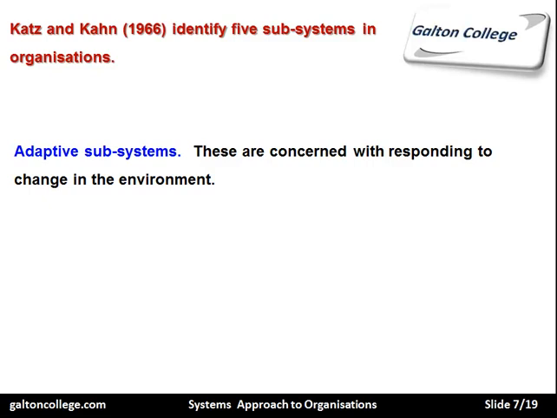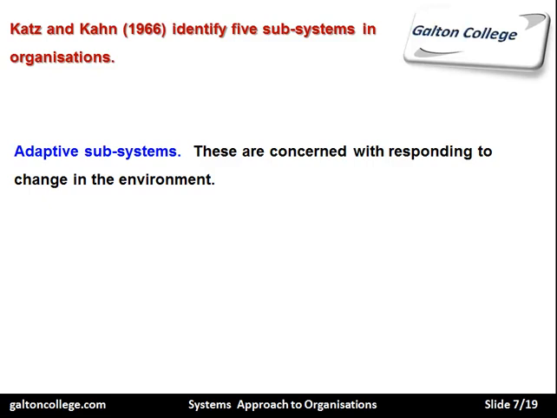It must respond, for example, to legislation that's passed by Parliament, that's become law. It must understand the requirements for proper trading and the requirement for ethical behavior. So it's understanding the external environment and changes in the environment and adapting to that.